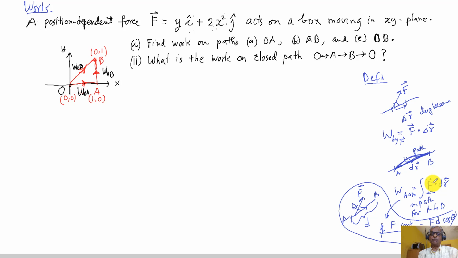Now this is an example. In this example, the force is not constant, it's position dependent. For instance, if I'm over here, y is 0, so the force is that way, perpendicular to that. When I'm over here, x is 1, but y is varying, so over here it is something like that.